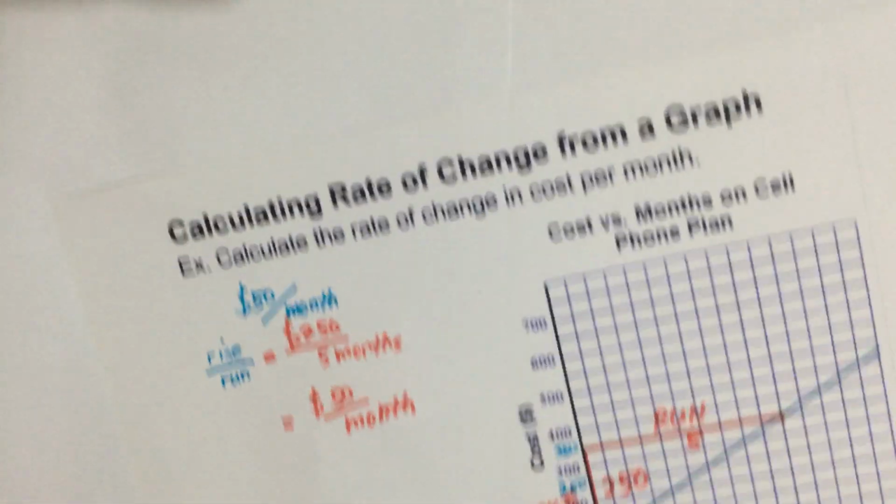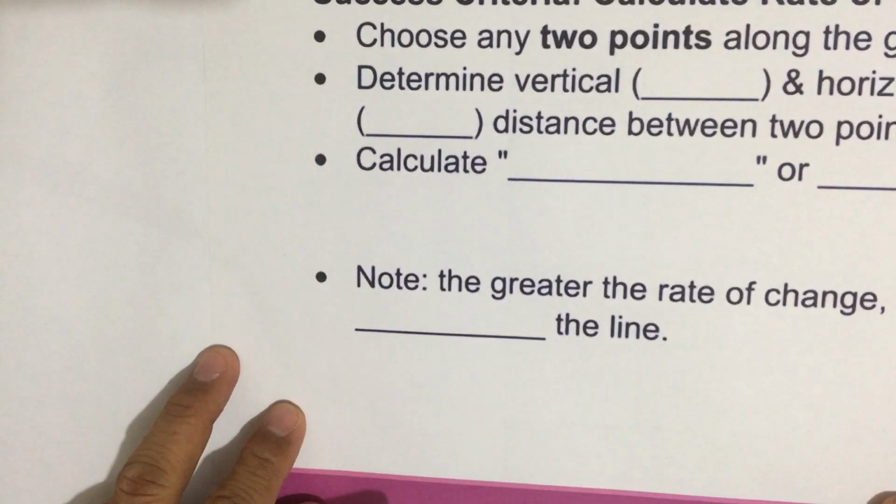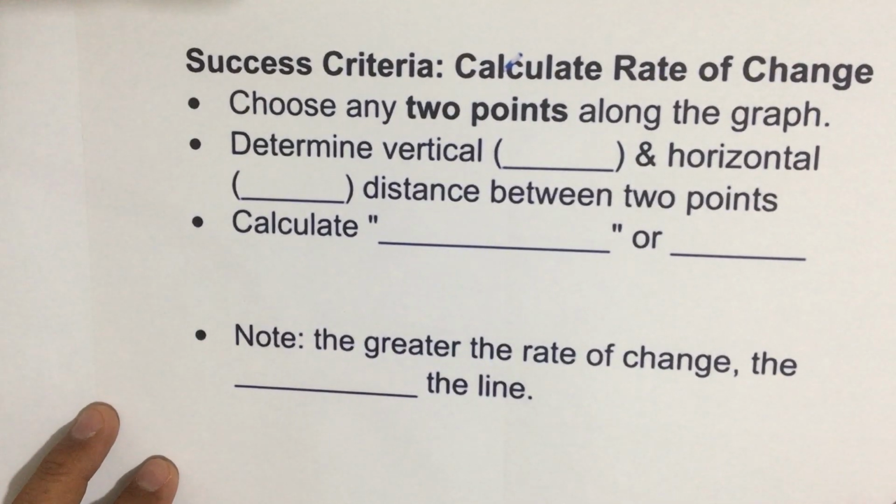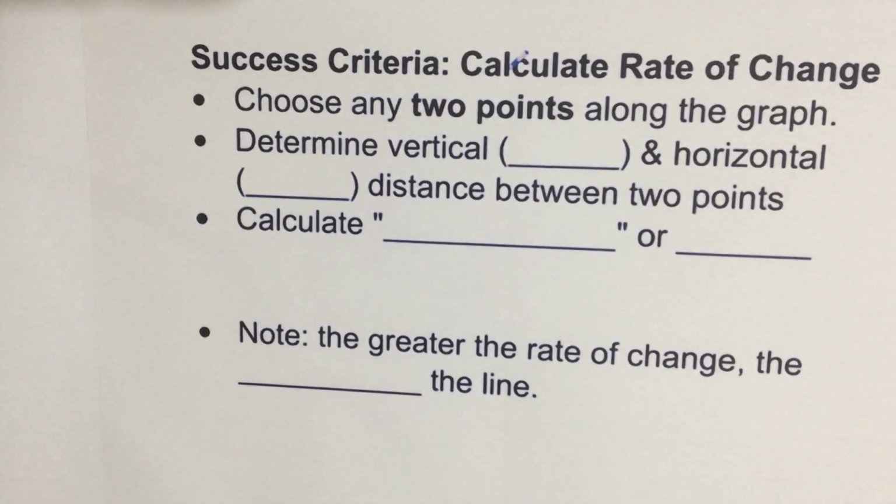So what I'm going to present next is the concept on the success criteria. So we have what we call success criteria here. What does it mean? To calculate the rate of change, we need these criteria, class.